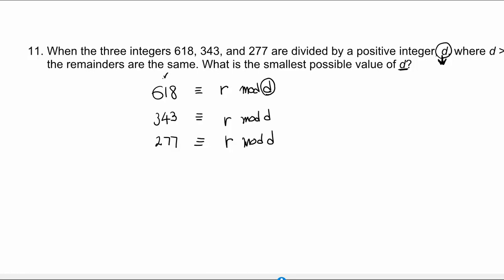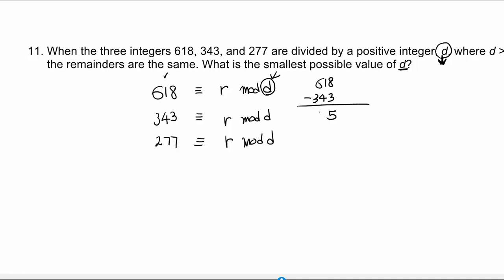Now let's find, okay, what is this? We need some information. To make a zero in the same modular system, first we can try to write the remainder as zero. So 618 minus 343 is how much?